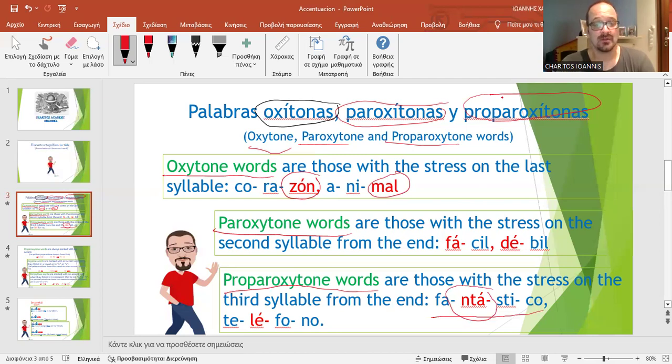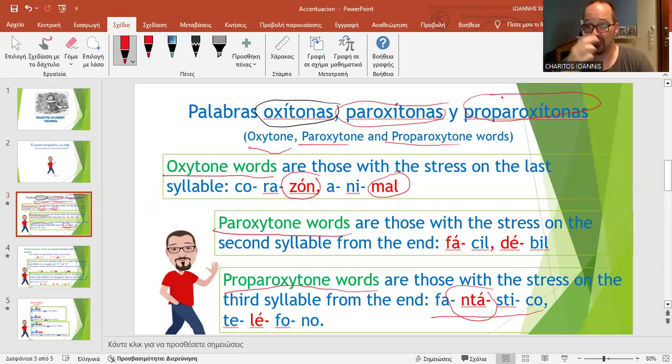So to conclude, oxytone words are those that are stressed on the last syllable. Paroxytone words are those that are stressed on the second syllable from the end. And proparoxytone words are those that are stressed on the third syllable from the end, even if they are comprised of more than three syllables, like fantástico or teléfono, which have four syllables.